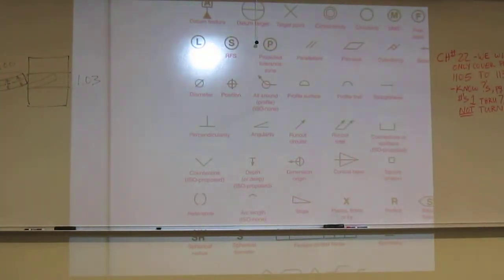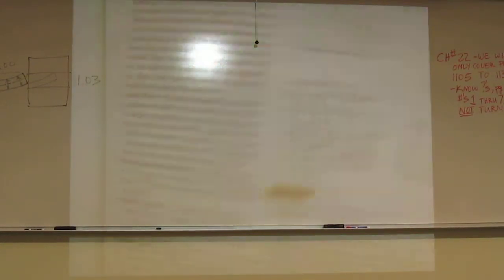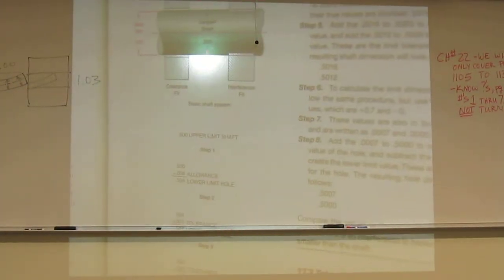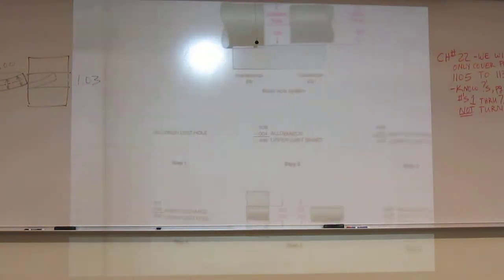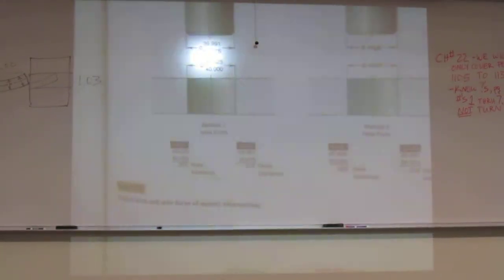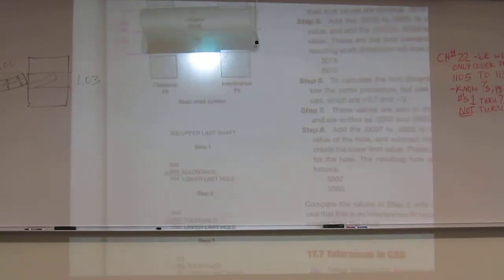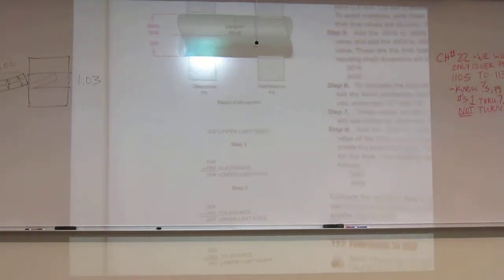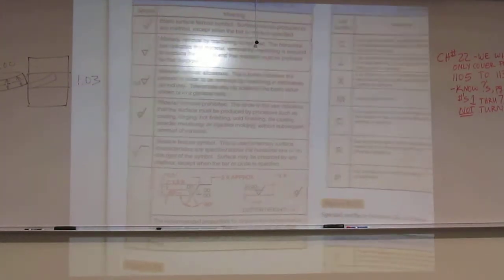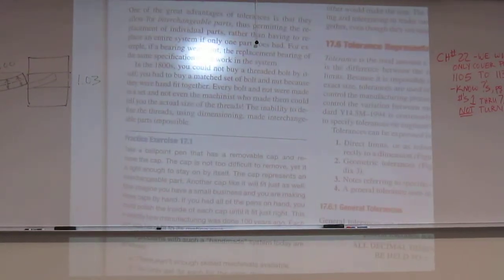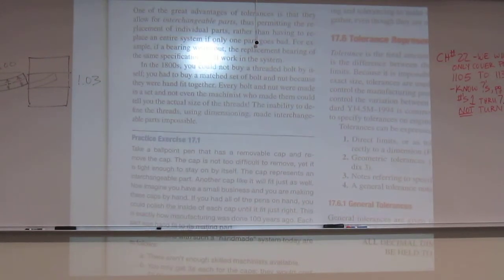So it might behoove you, besides knowing what we just talked about, to review for yourself. I'll give you the page here. Tolerancing starts on page 859. No, it starts sooner than that. It starts on page 843.